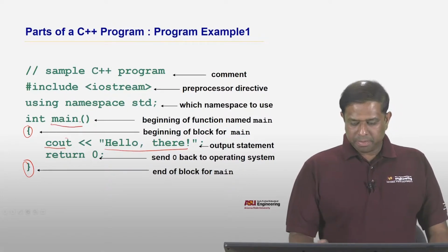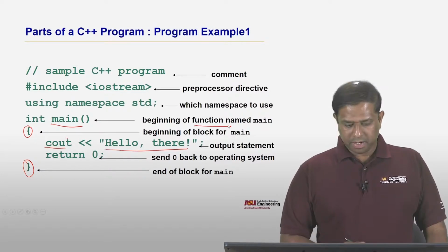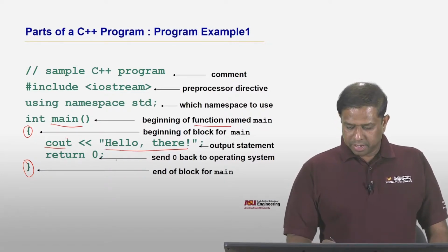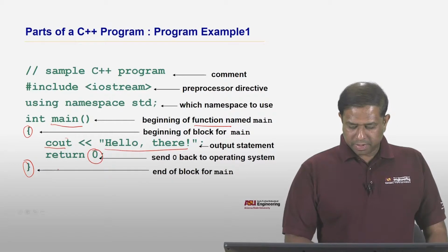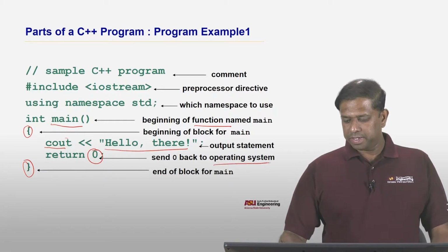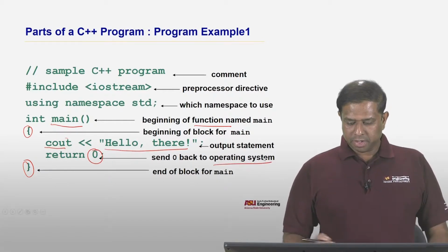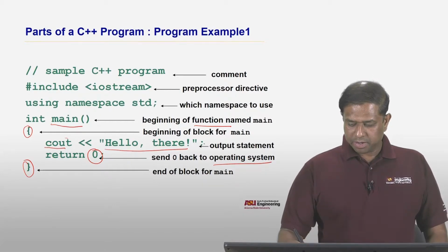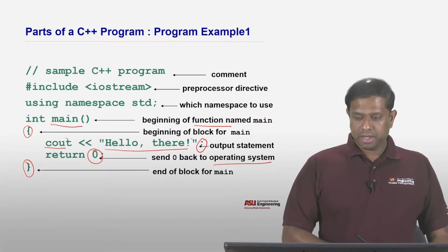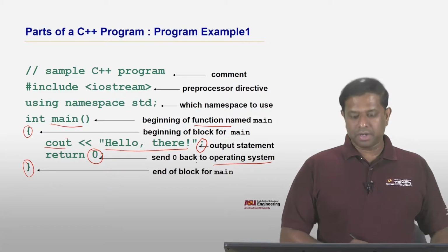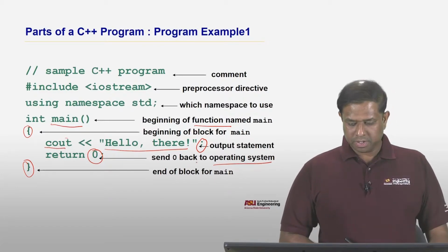And also we know that main is a function or a method, right? And this one we know is returning 0 back to the operating system. That's again a valid, correct statement, and also every statement should end with a semicolon. That's according to the syntax or grammatical rules, okay?